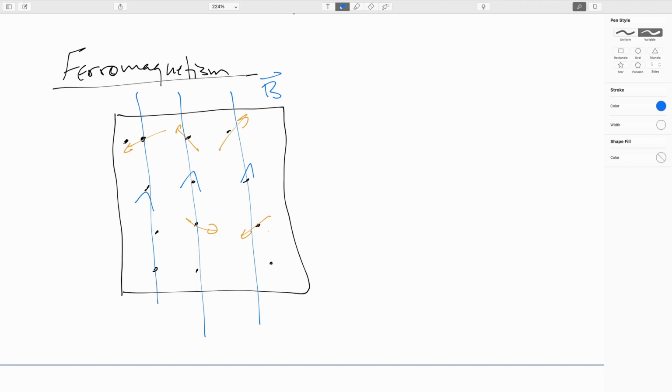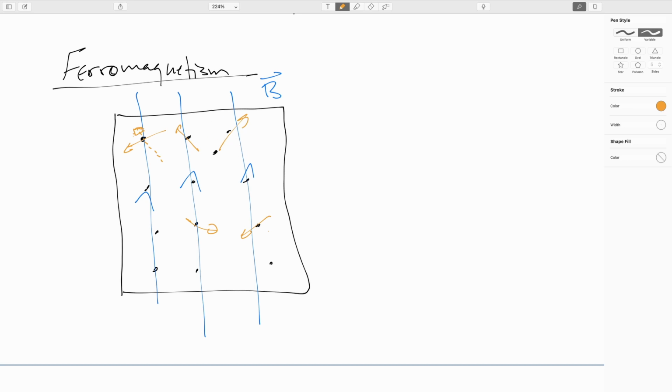Not with the external field, but with this one. So this adjacent atom will now match its magnetic moment with the one that was more closely aligned with the external magnetic field.